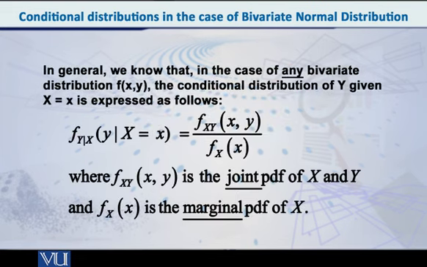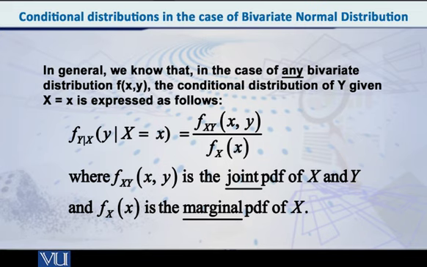So how do we begin? We begin with the basic definition of conditional distribution. As you already know, if we have f of x,y, a bivariate distribution, then the conditional distribution of y given capital X equal to small x, some particular value small x, is expressed as follows.